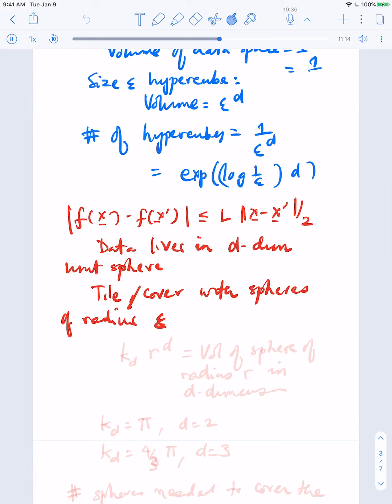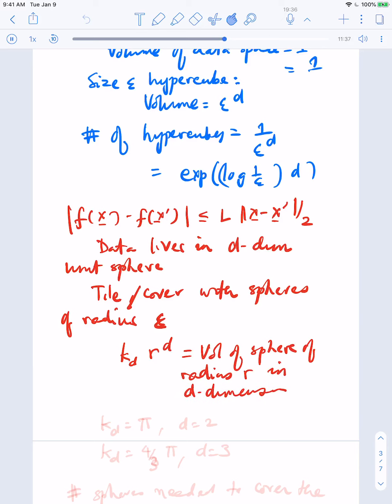Well, it's the exact same argument as before. In d dimensions, you have some constant, k sub d, times radius to the power of d, which is the volume of a sphere of radius r in d dimensions, right?